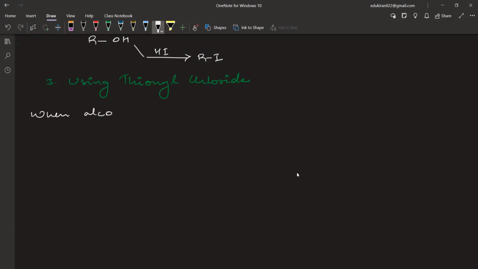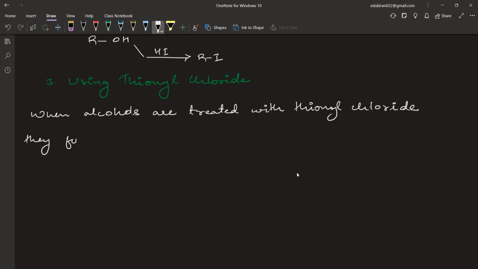When alcohols are treated with thionyl chloride, what will they form? They form alkyl halides.